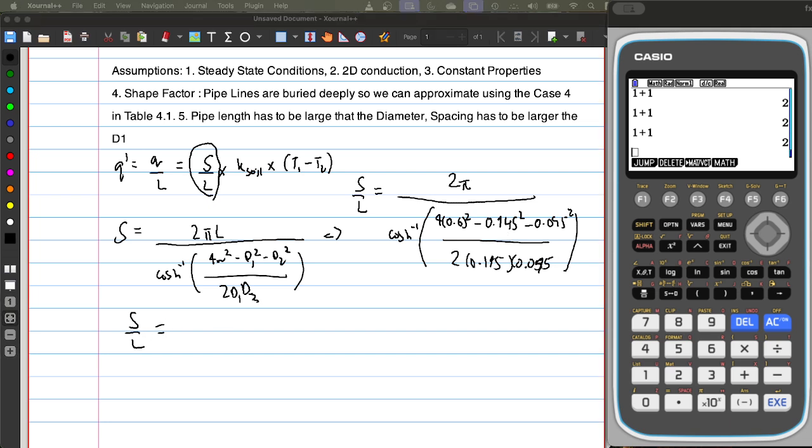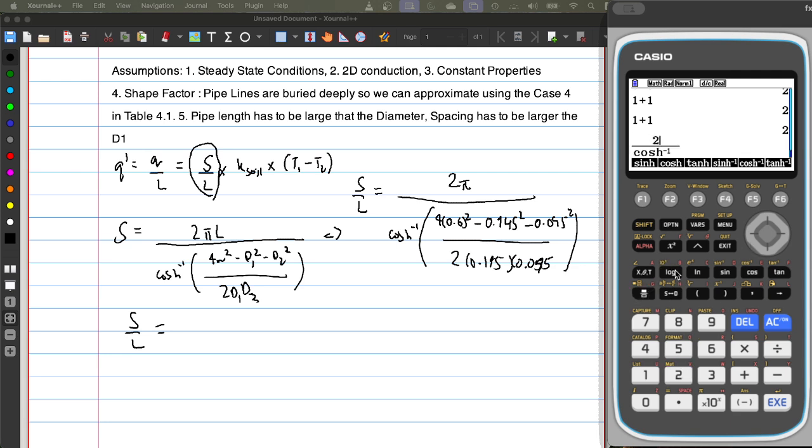So our S over L should be around, let me check on the calculator. I need hyperbolic cosh inverse, and I need a fraction.